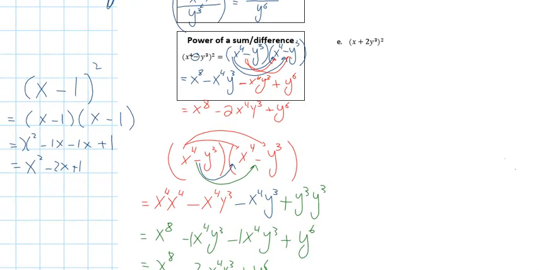This is just for people to understand why it's x to the 8. It's exactly the same as the first example. I just included one extra step here, which I did not include there, to show you where we're getting the x to the 8 and the y to the 6 from.